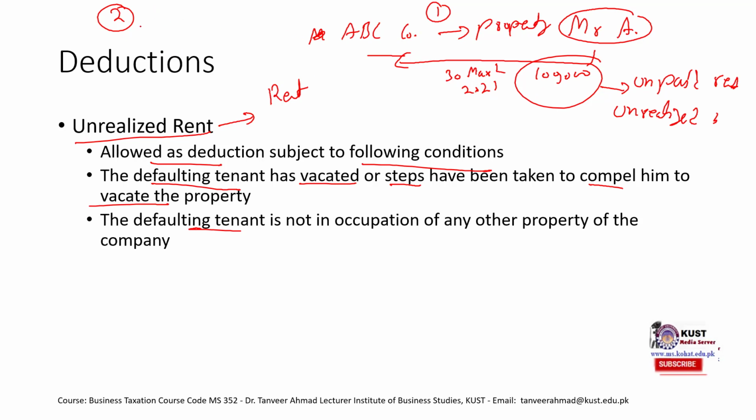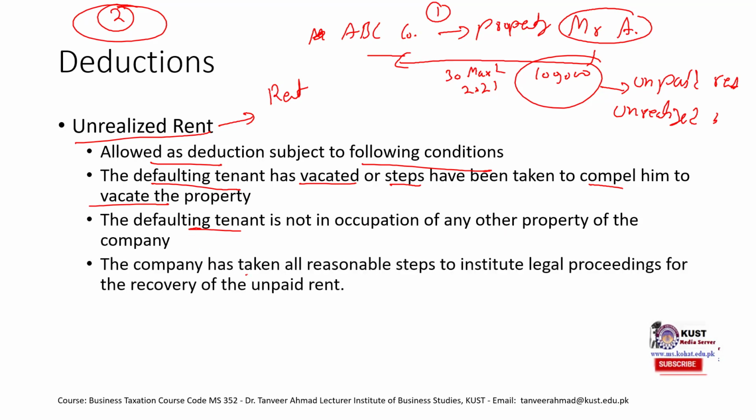The company should also get this property vacated. Once this property is vacated, then this deduction would be allowed, right? So the defaulting tenant is not occupying any other property of the company.